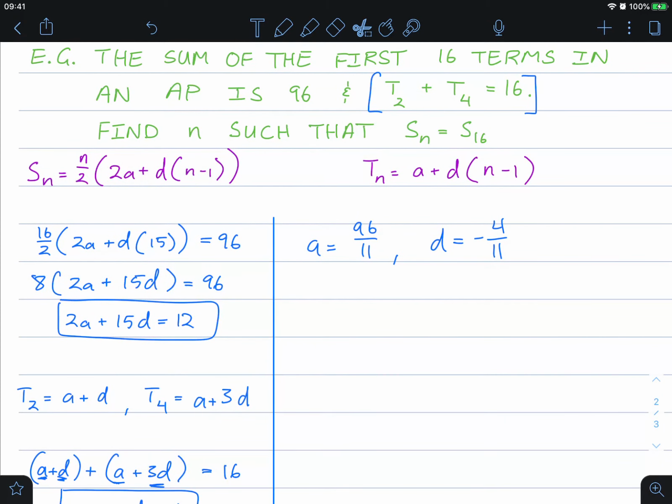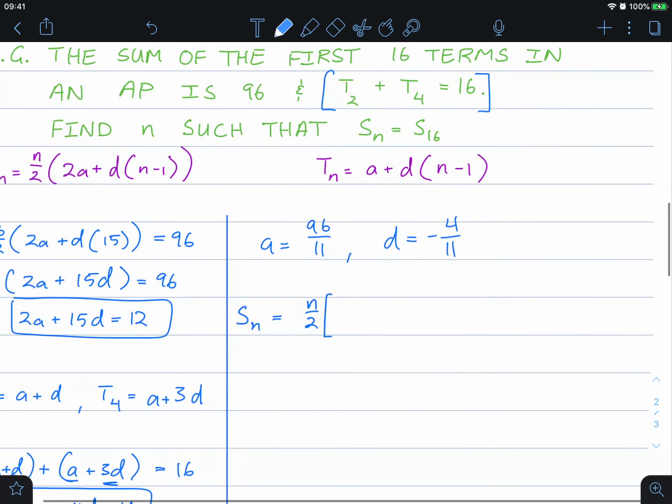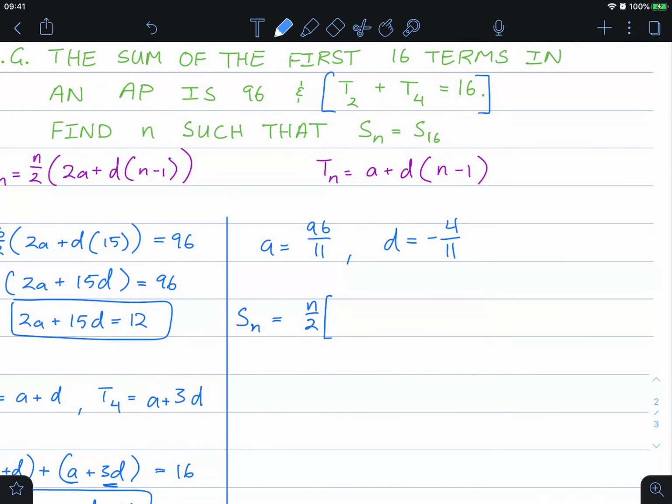We've actually already done this here, but this time instead of the 16th term, we're going to leave it as n. So s of n is equal to n over 2. Substituting our numbers in now, so 2 times a, so 2 times 96 over 11, minus d, so minus 4 over 11, n minus 1.